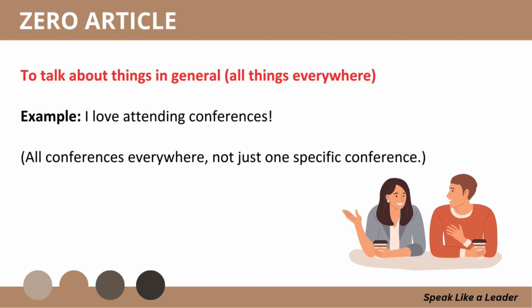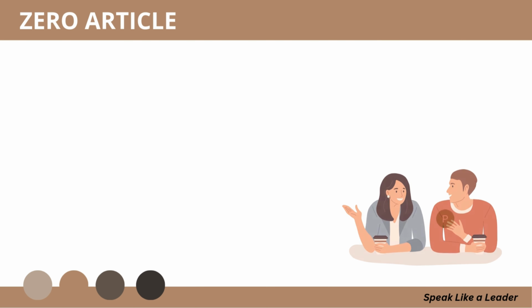It's a huge mistake to say I love attending the conferences, and I see that a lot. Okay, so we're talking about all conferences everywhere, not just one specific conference. So if you wanted to say, I love attending the Nevada conference, then obviously you would put the because it's a specific conference, but here we're talking about all conferences.